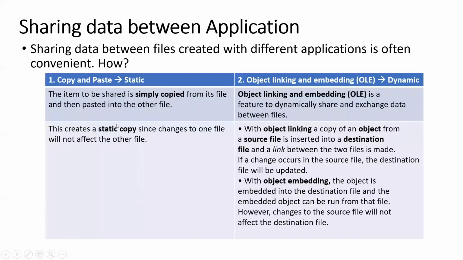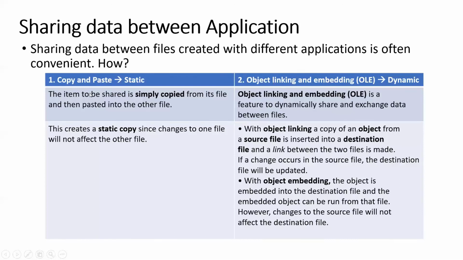Okay, sharing data between applications. Sharing data between files created with different applications is often convenient. How? We have two ways: copy and paste, and object linking and embedding. We call the latter dynamic.